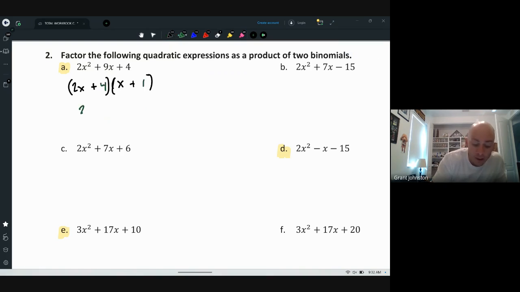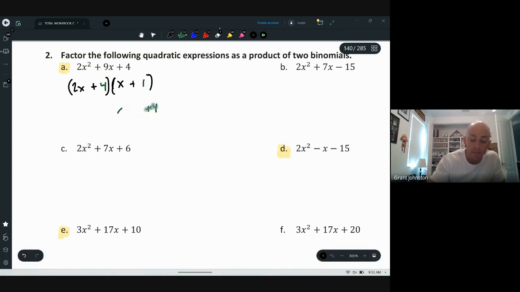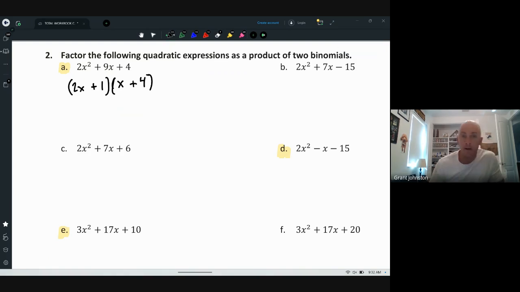Well, if I distribute, I'll get 2x to the second. 2x times 1 is 2x. 4 times x is 4x. 4 times 1 is 4. So this gives me a 6x again. I need a 9x. So that's going to lead me to believe that I need to put the 4 in this parenthesis and the 1 here.